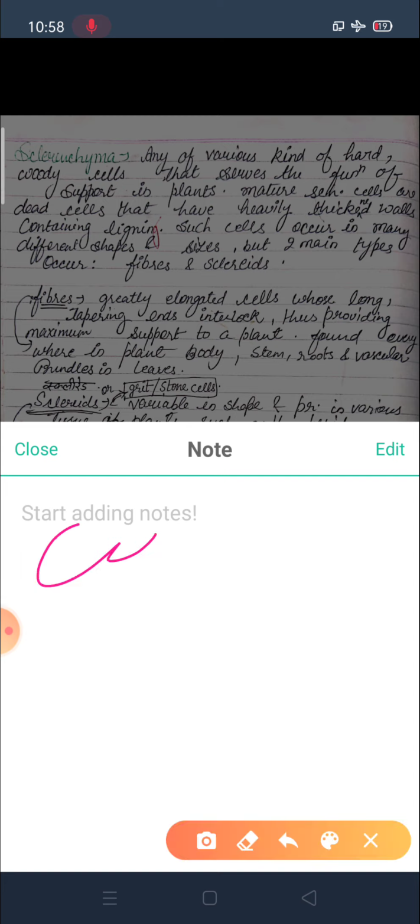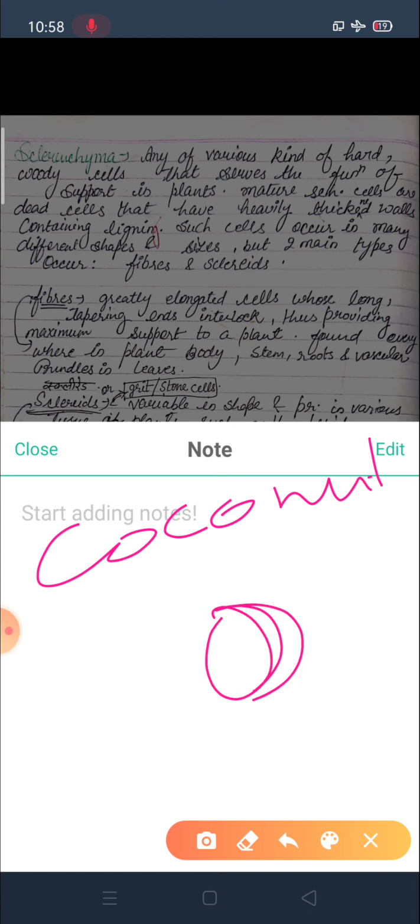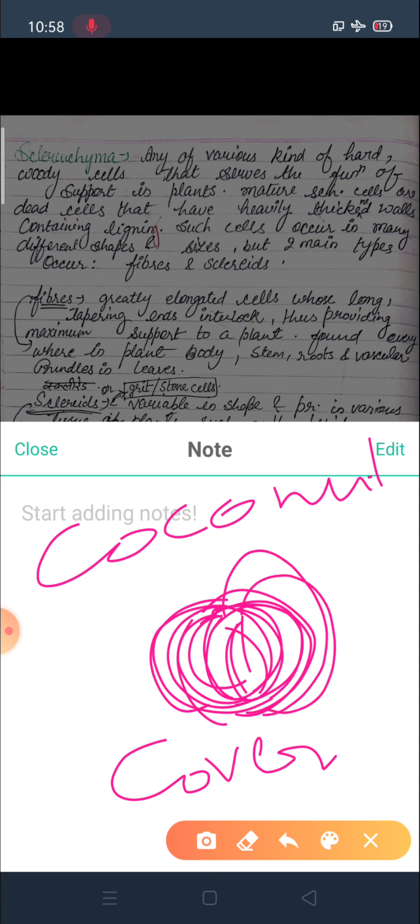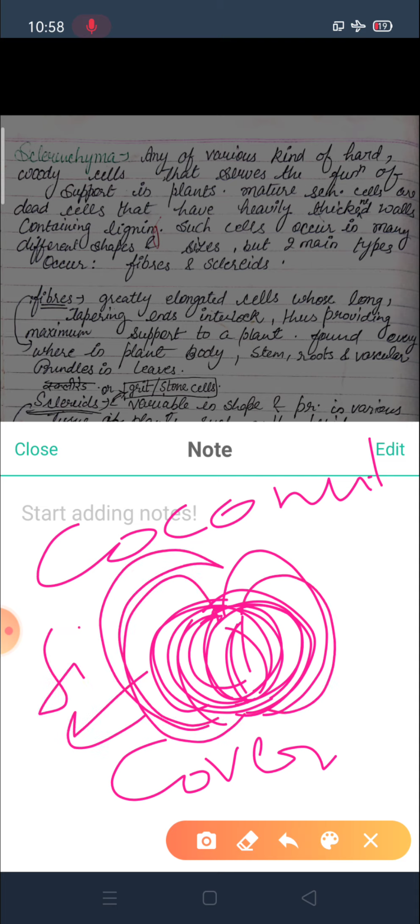There are two examples. First example is of coconut. You have seen that in the dry coconut there is a hard woody substance or cover over it, and upon this hard substance there are brown colored fibers by which ropes and all those things are formed.